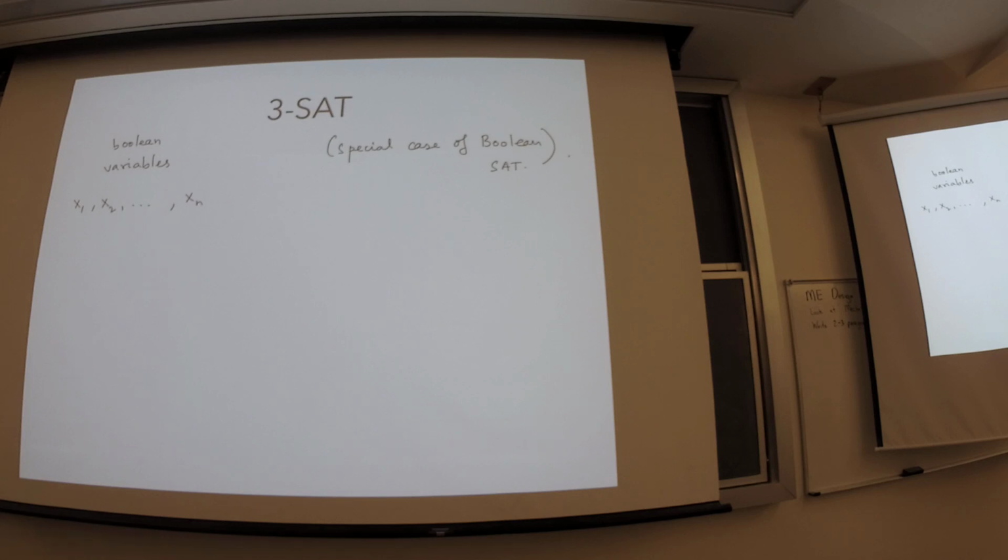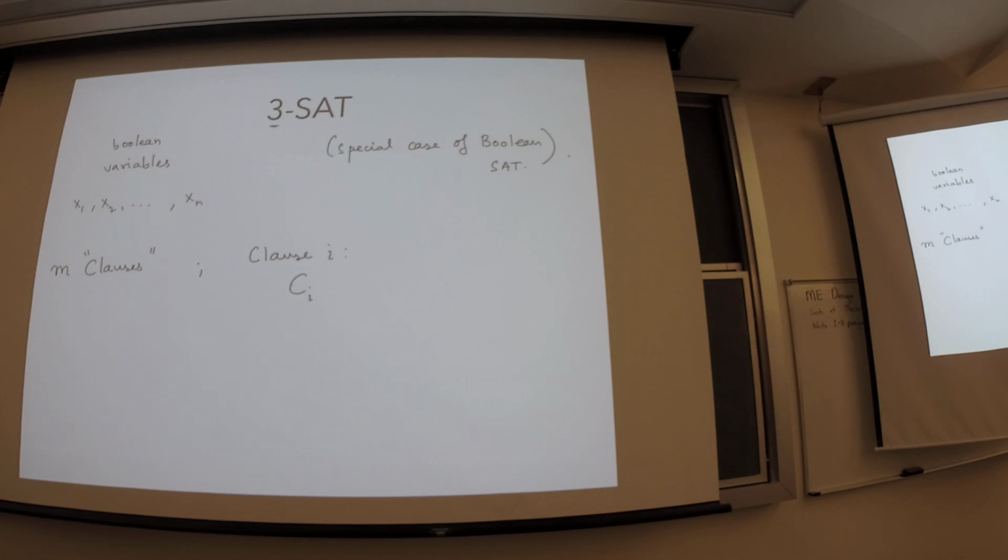And you have a bunch of clauses, M clauses. What does this mean? Clause i, which I will also denote by Ci, is a small formula. This is an OR of 3 of these things. That's why it's called 3-SAT.